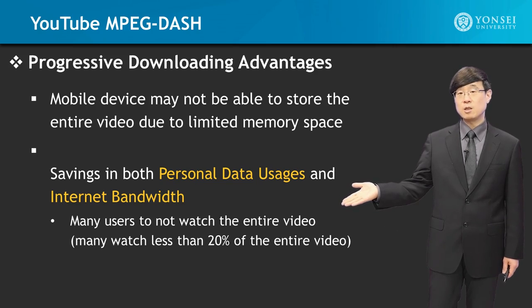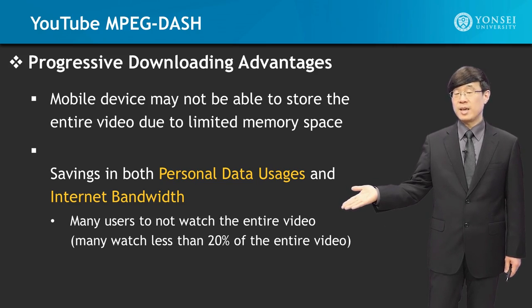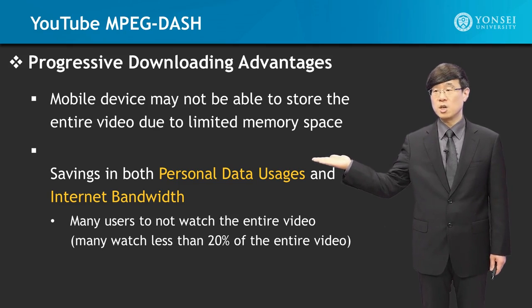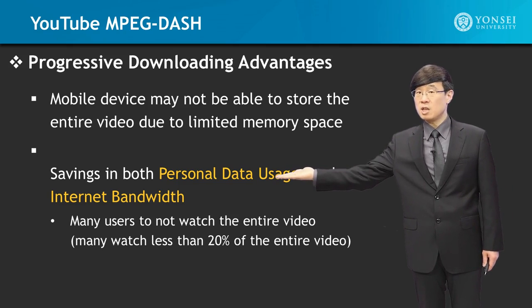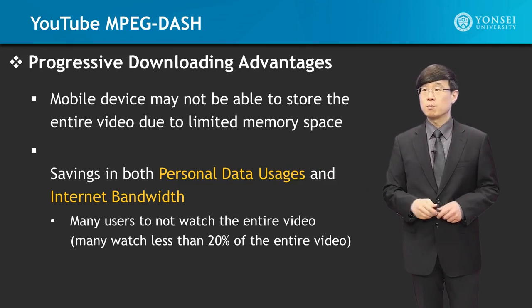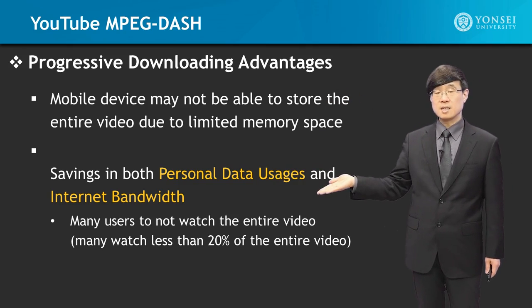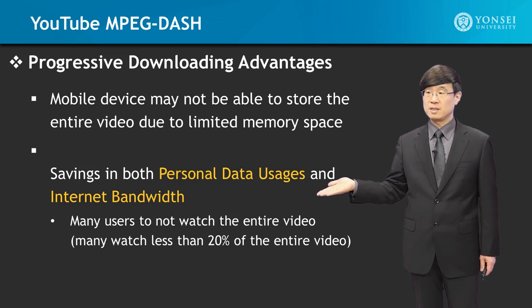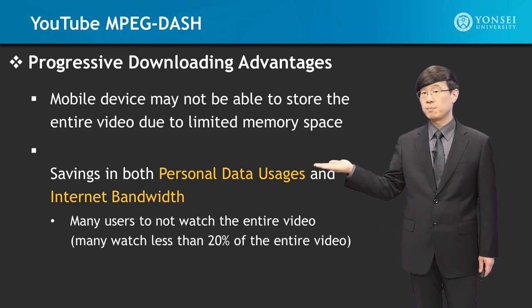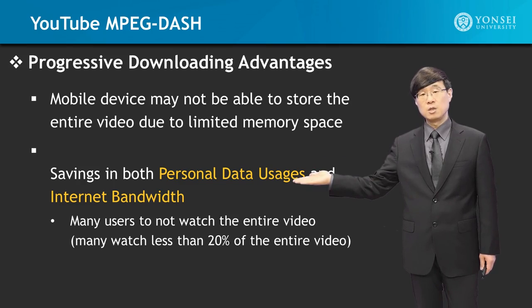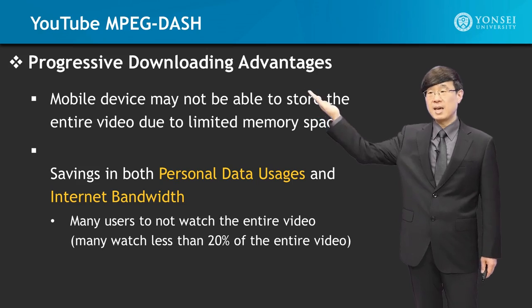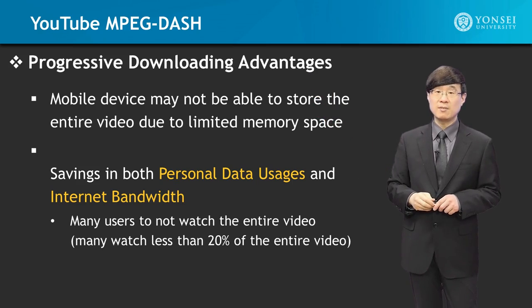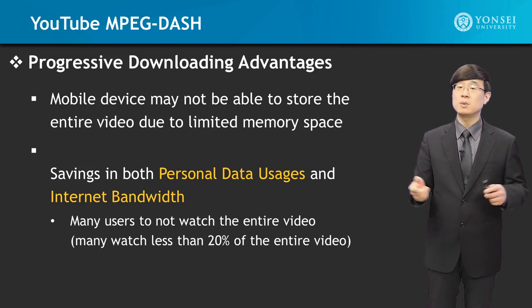So if you download the entire video, then the 80% that you're not going to view is a total waste of your personal data usage and also internet bandwidth consumption. Therefore, progressive download provides this benefit. You're going to save your personal data and you're going to save usage of the internet bandwidth. These techniques make MPEG-DASH so attractive, and that is why YouTube is using it.